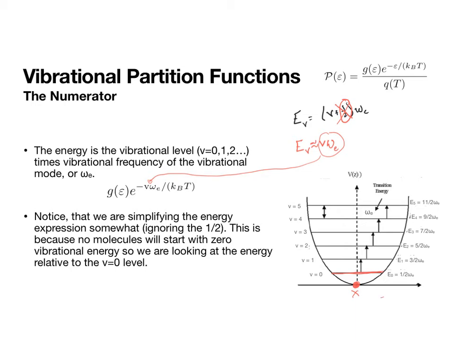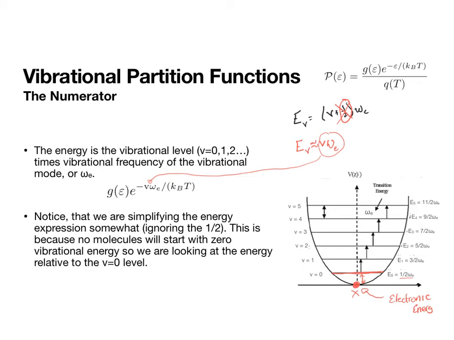So this point is the electronic energy. This is our 1/2 omega e, and this is what's known as the zero point energy.